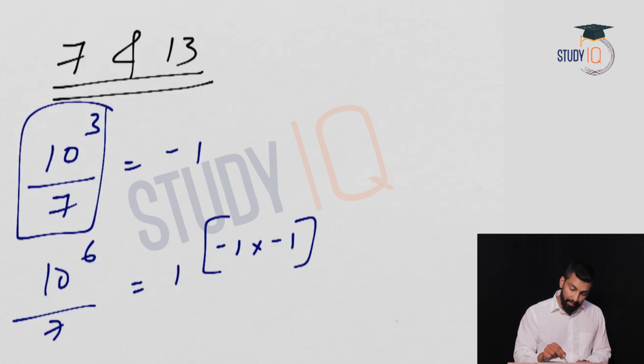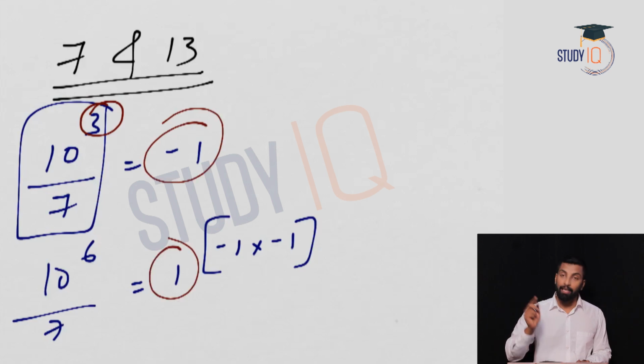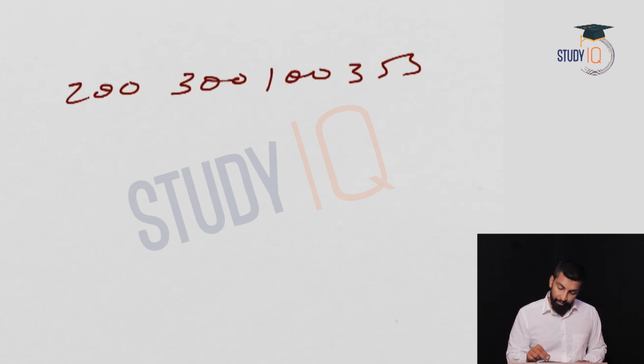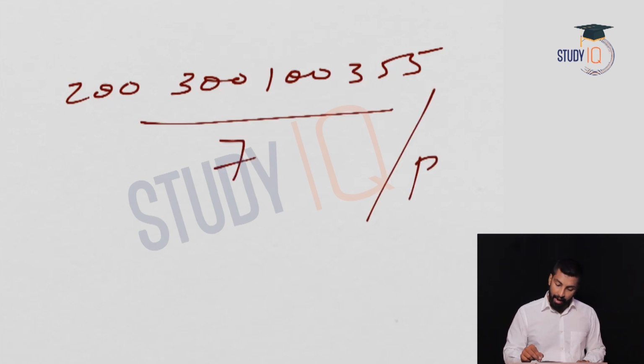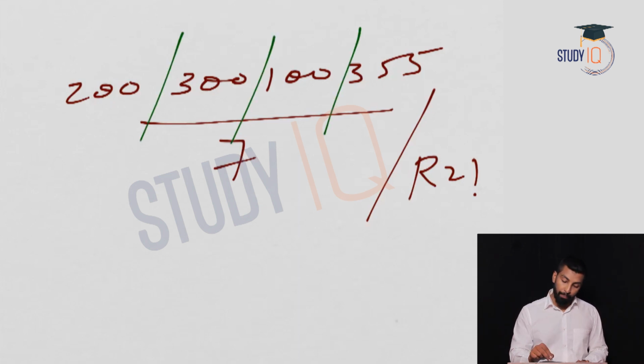We have seen this. Since it is 10 raised to 3, we group it into groups of 3 from the rightmost side, and we put minus plus alternately. So if you remember this question, 200, 300, 100, 355. How will you solve this question if it is divided by 7 and I'm asking you the remainder? You will group into triplets from the rightmost side and put plus minus signs alternately.